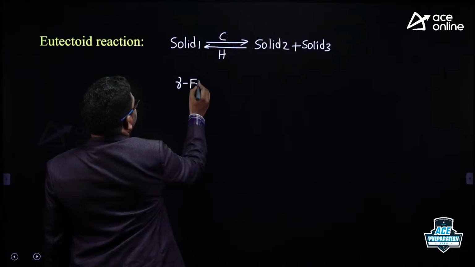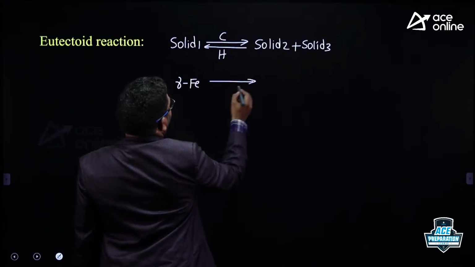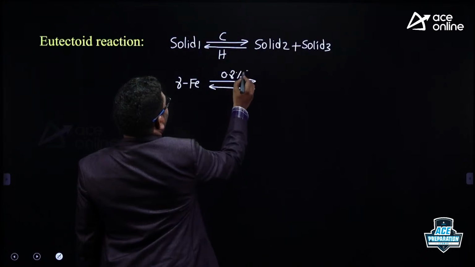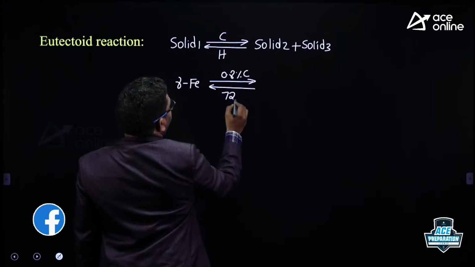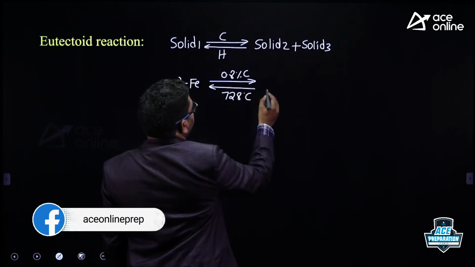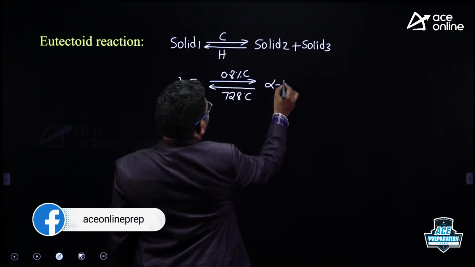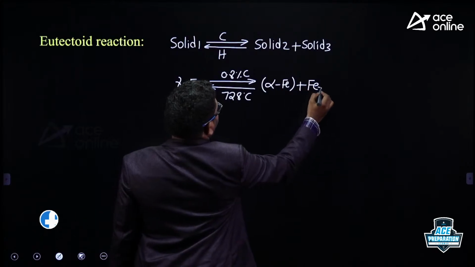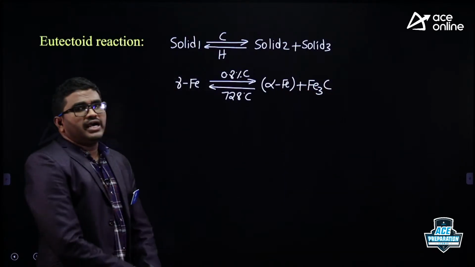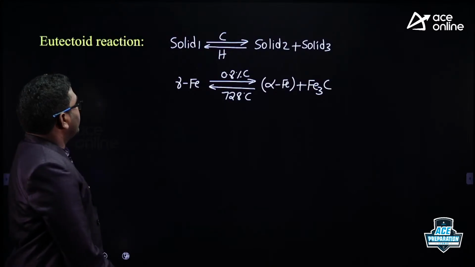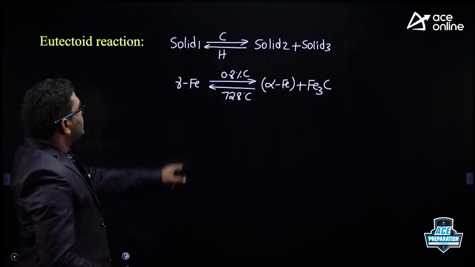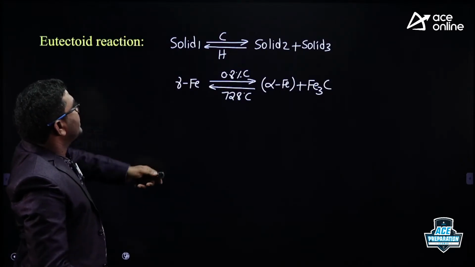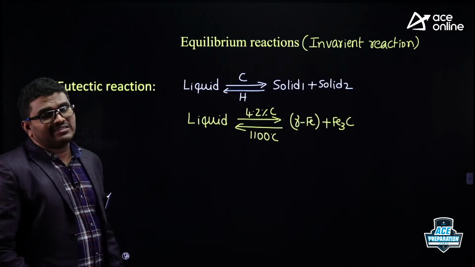Gamma iron upon cooling at 0.8% of carbon and 727 degrees Celsius transforms into alpha iron plus cementite. Okay, this takes place at 0.8% of carbon, that's why it is related to steel, and the eutectic is related to cast iron.